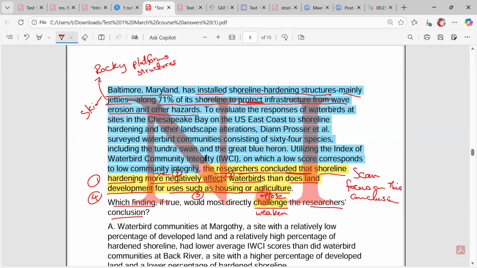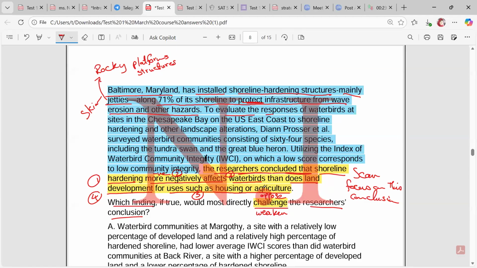The waves can erode and can be dangerous to the structures or the buildings near the shore. They made those structures to protect the buildings.